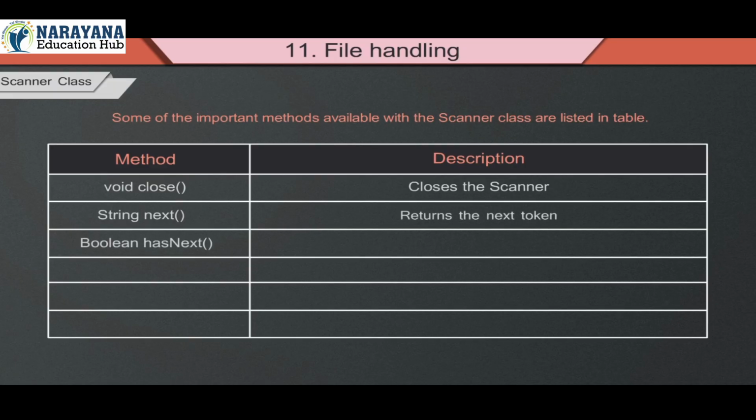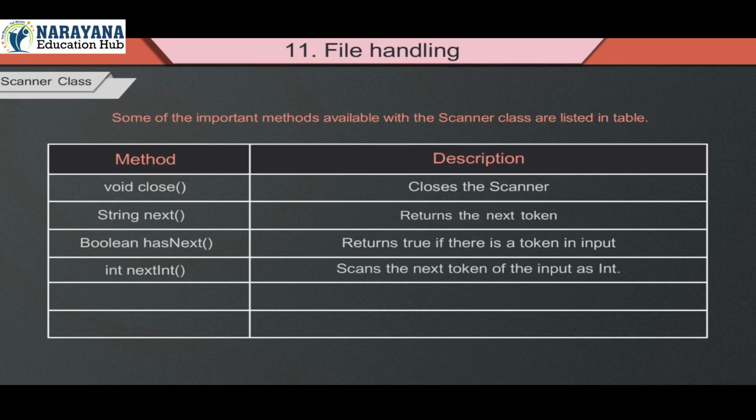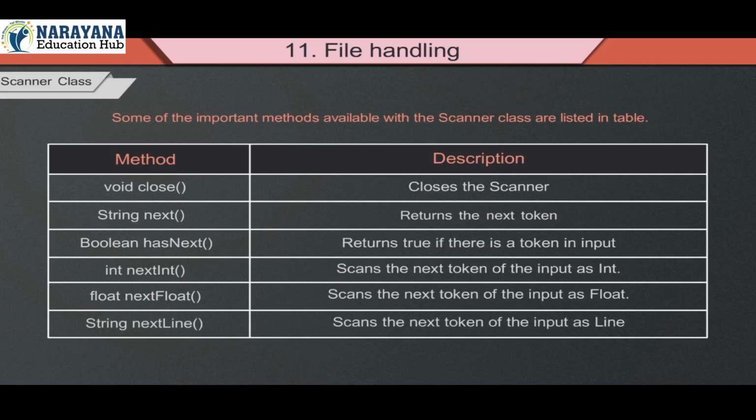Boolean hasNext(): returns true if there is a token in input. int nextInt(): scans the next token of the input as int. float nextFloat(): scans the next token of the input as float. String nextLine(): scans the next token of the input as line.